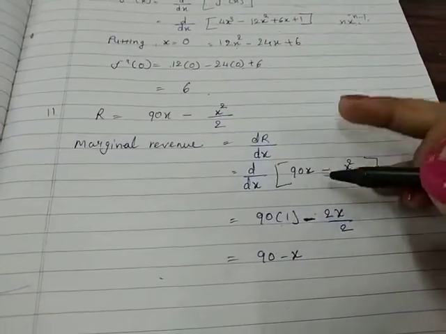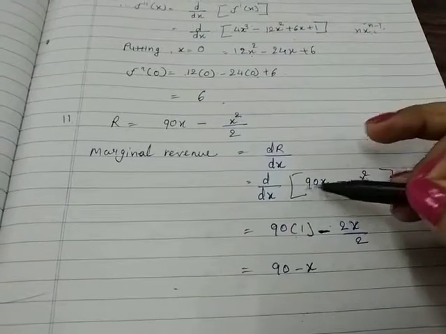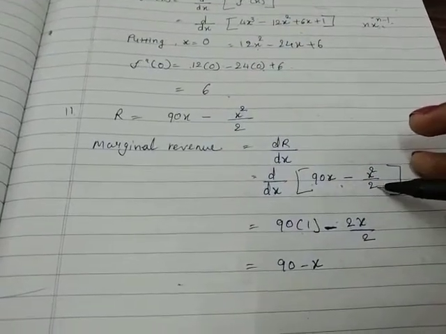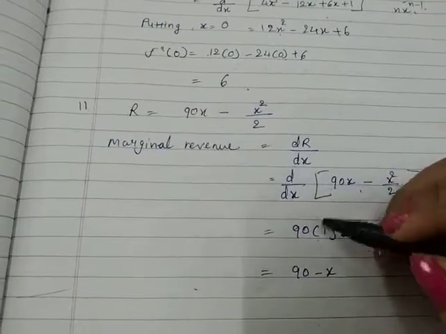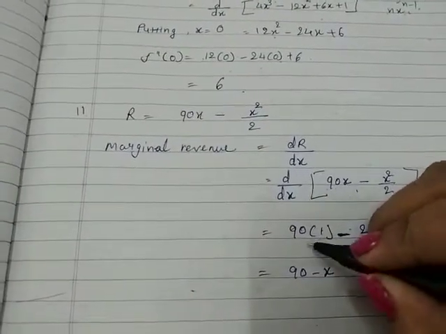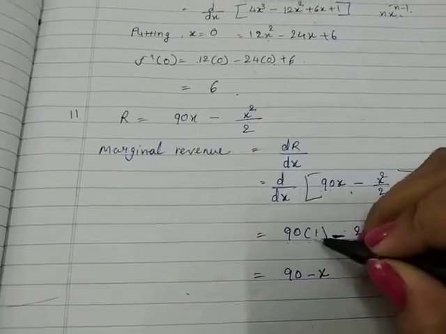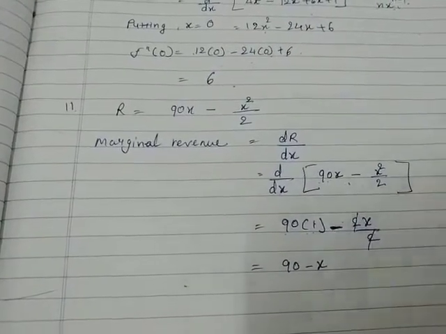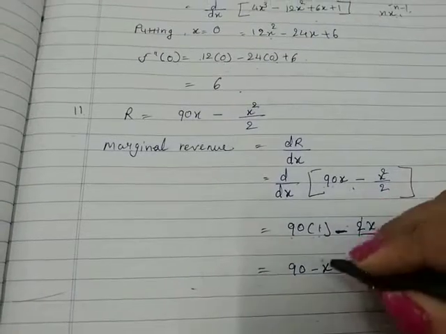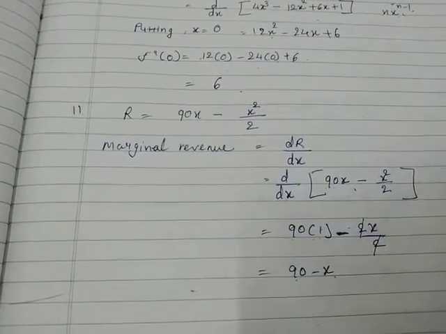So in place of R we put this equation 90x minus x square upon 2. Now we differentiate: 90 into 1 minus 2x upon 2. Now this 2 is eliminated, right? So that is cut. So now we have 90 minus x that is left.